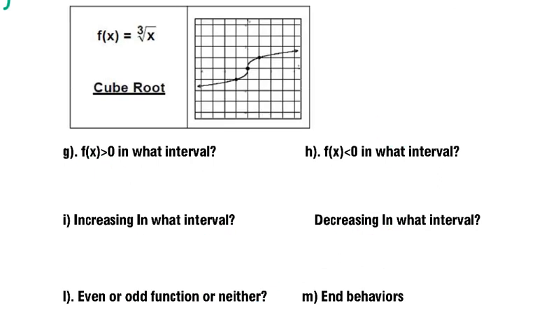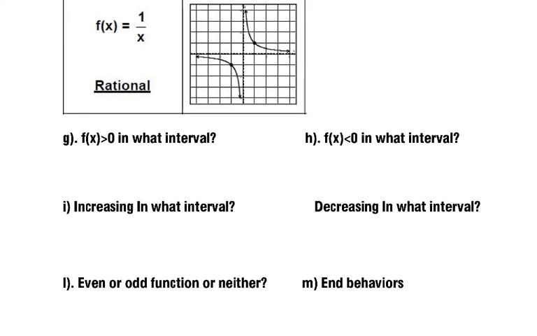For the cubic root function, it will be the same as the cubic function f(x) equals x to the third power. We just did that on the previous slide, so check that out.